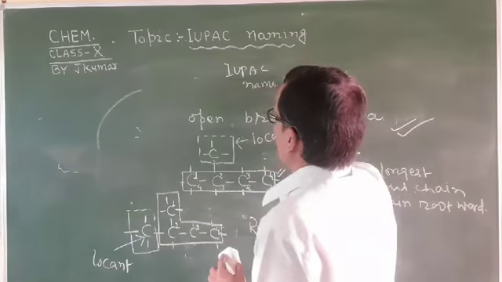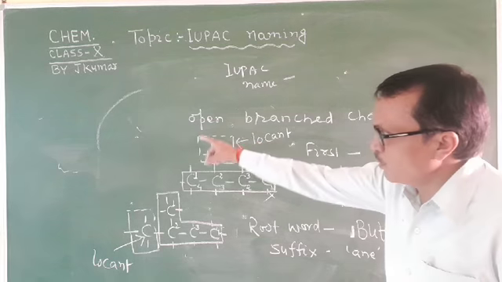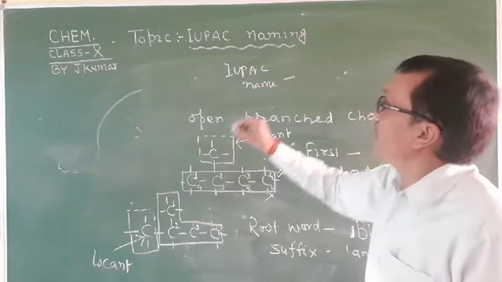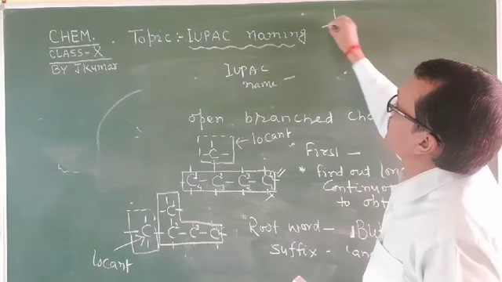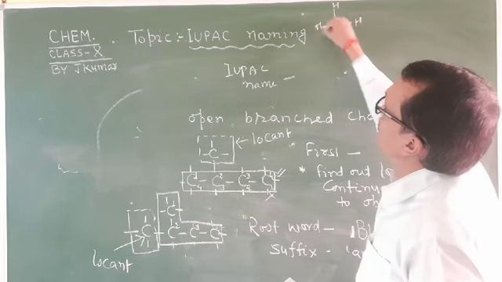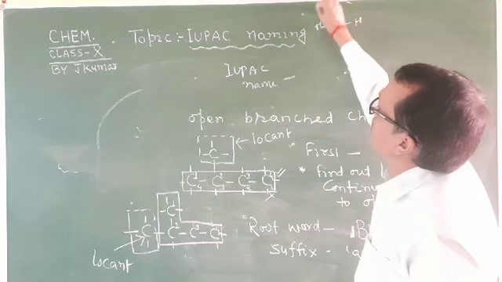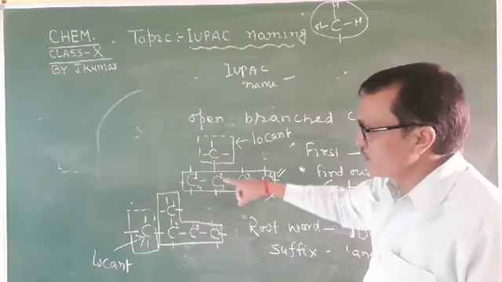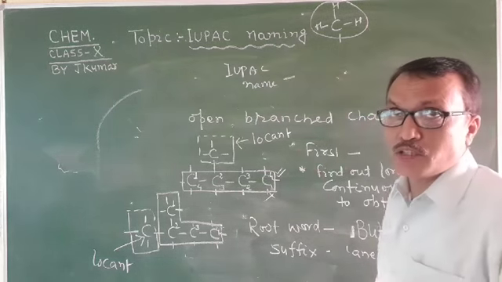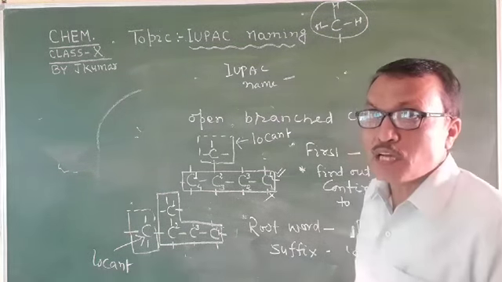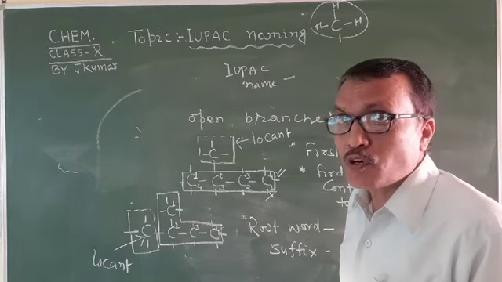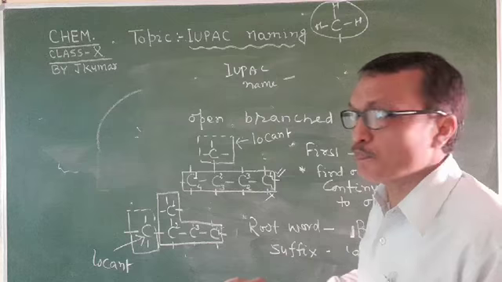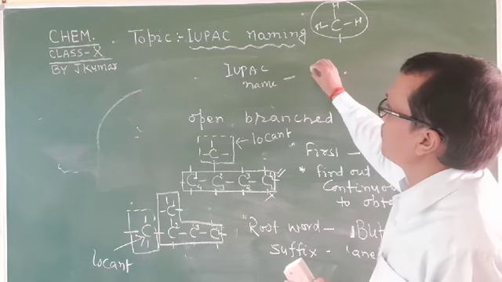Okay, now students, what will be the IUPAC name of this compound? So already, first of all, we have to name the locant. The locant is on second carbon and the locant is CH3. This is our locant, and this is methyl. So this methyl locant is on second carbon. As per IUPAC system, we also have to write the number of the carbon on which the locant is present.